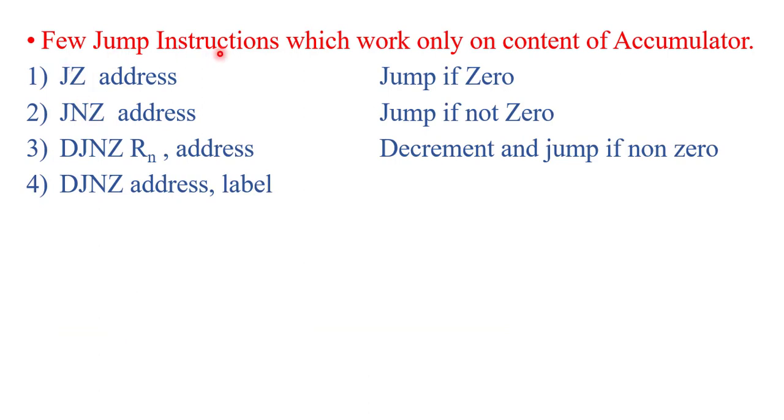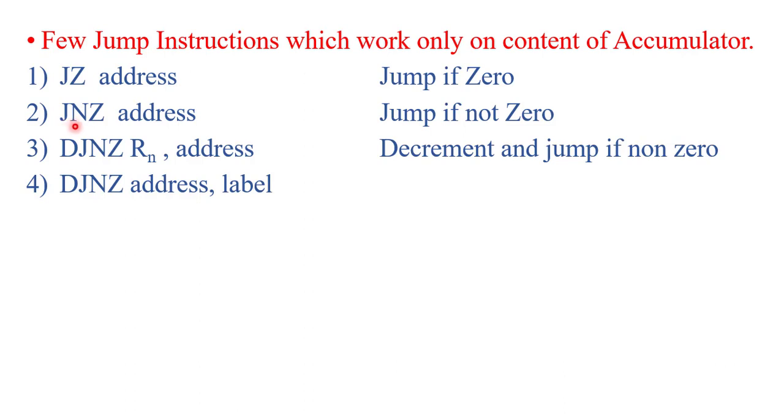Next, a few jump instructions which work only on the content of the accumulator. First is JZ address. JZ indicates jump if zero. It means this instruction checks the content of the accumulator. If the content of the accumulator is 0, then the program counter jumps to the new address or new memory location.